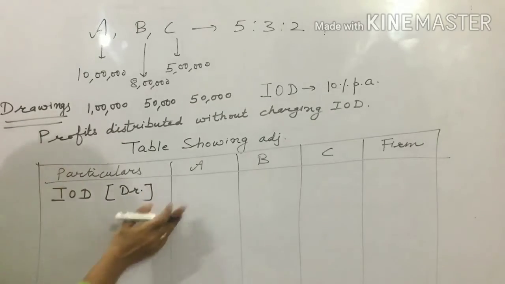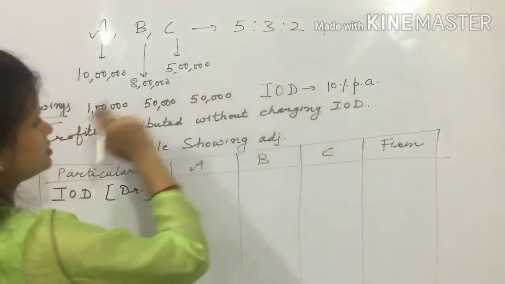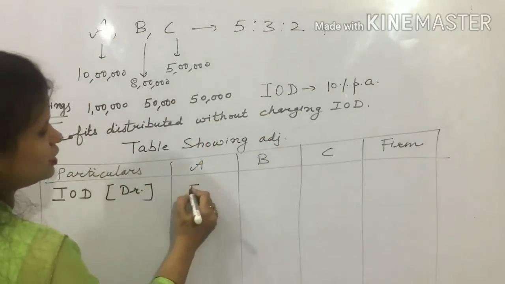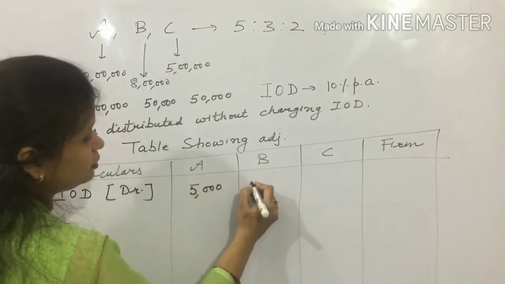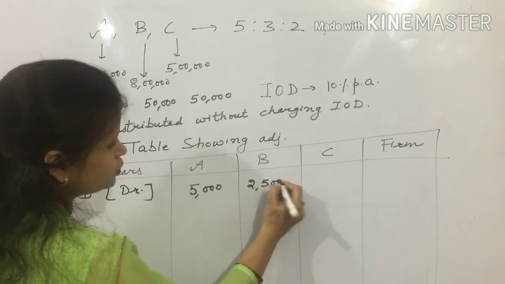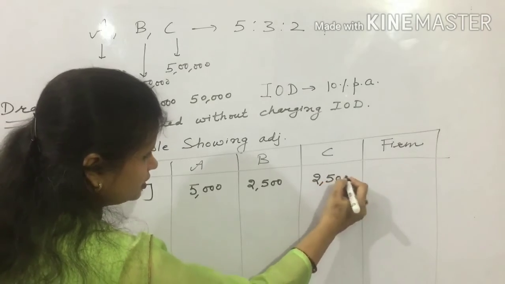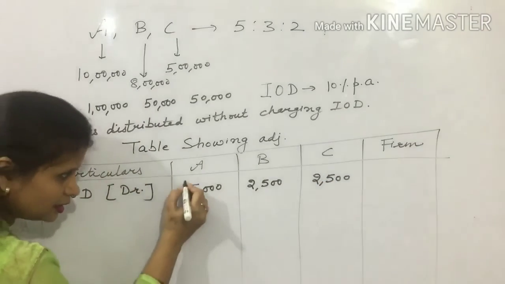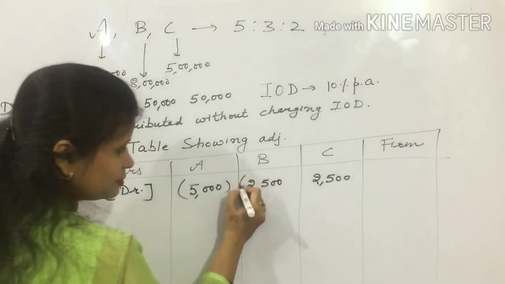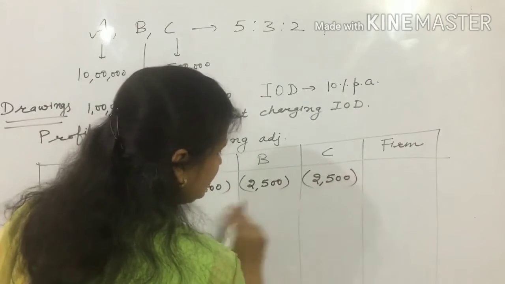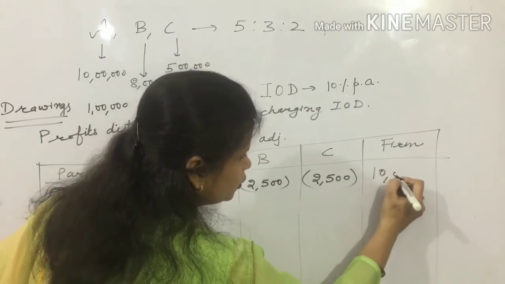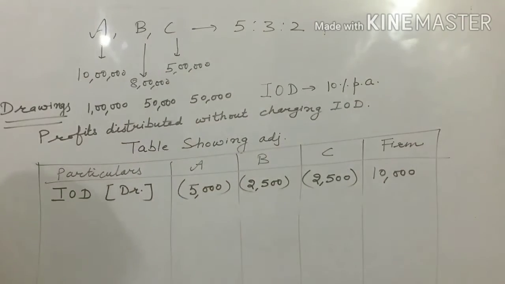You can calculate, we will calculate for 6 months. For A, it will be 5,000. For B, it will be 2,500. For C, it will be 2,500. Because they are debited, so we will keep these amounts in bracket. And firm will be credited with a total amount of 10,000.